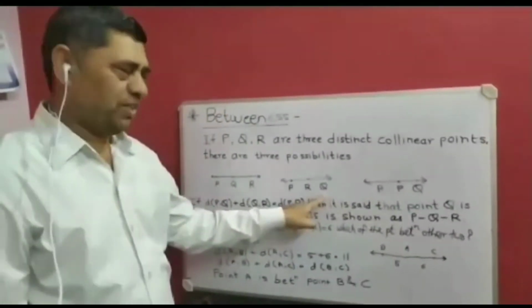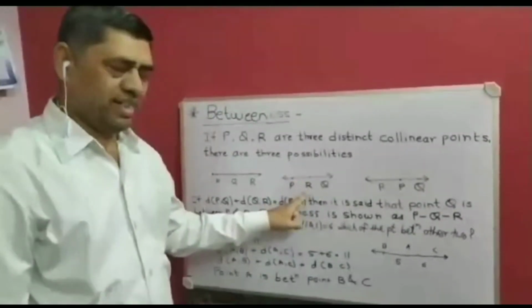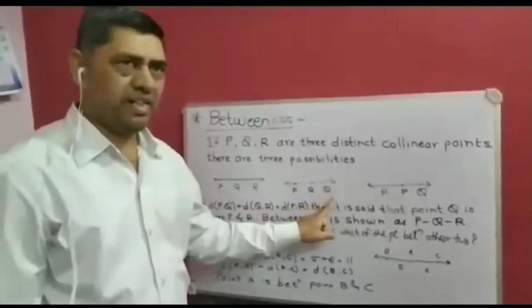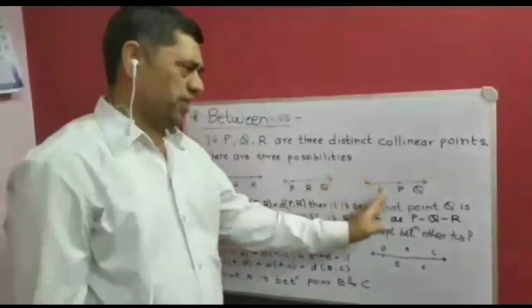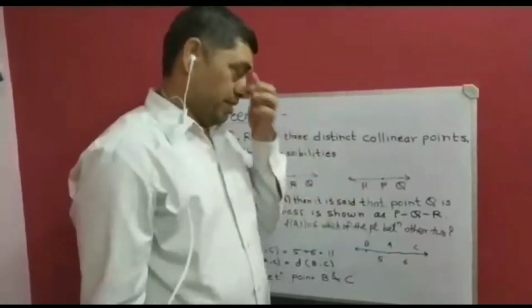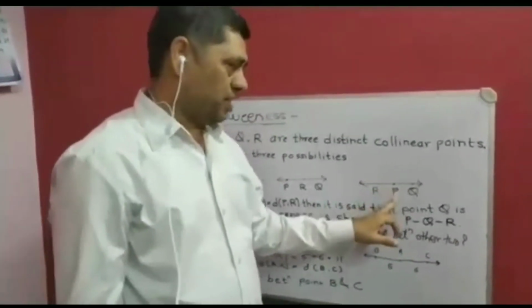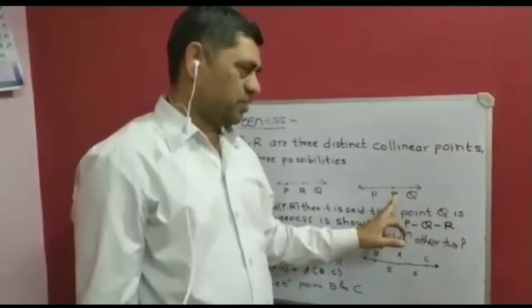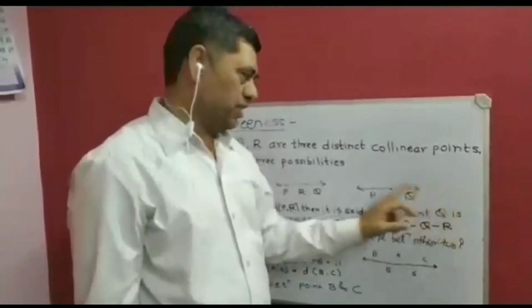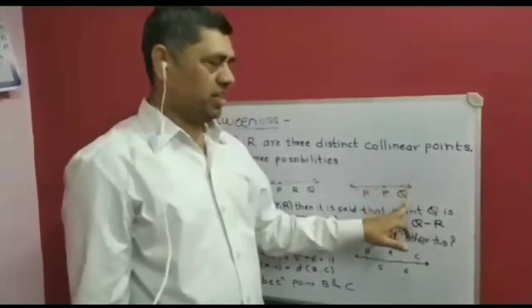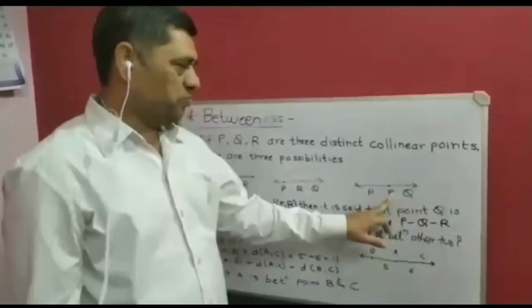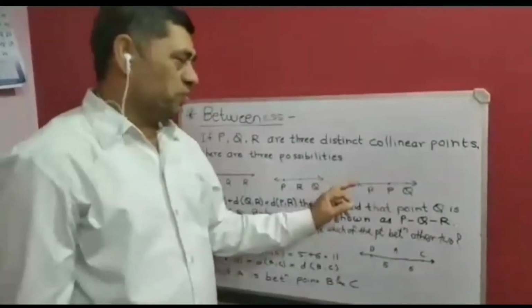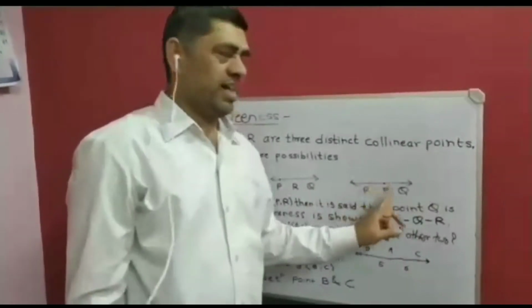Then we always say that R is between P and Q. Same way, in the third figure, suppose distance RP plus distance PQ is equal to distance RQ. Then the point P is in between point R and Q.